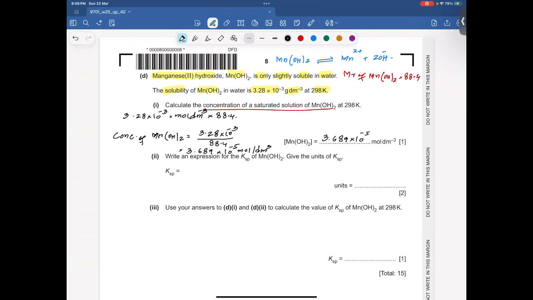Write an expression for the Ksp. So Ksp equals the concentration of magnesium 2 ions and the concentration of hydroxide ions. Since we have 2 moles in the equation, we need to put 2 here as a power.